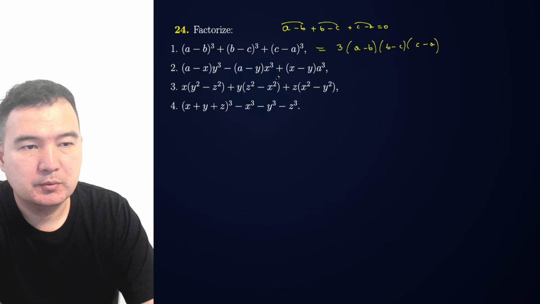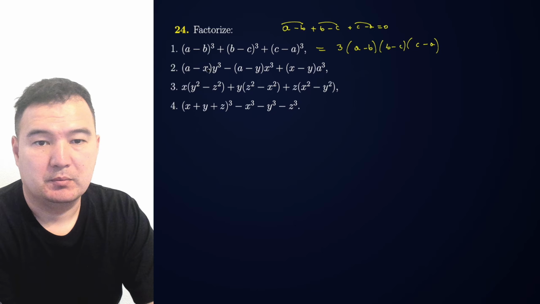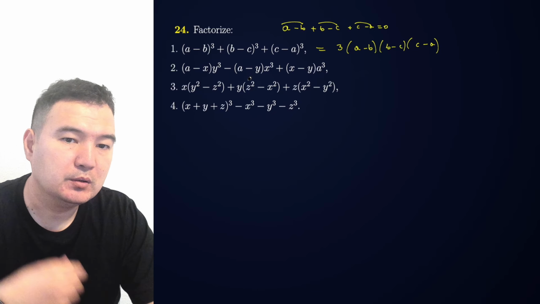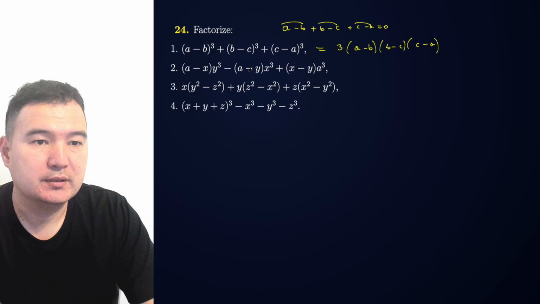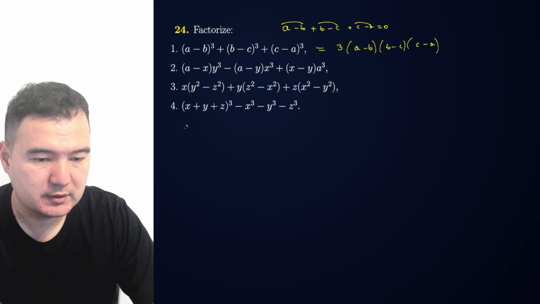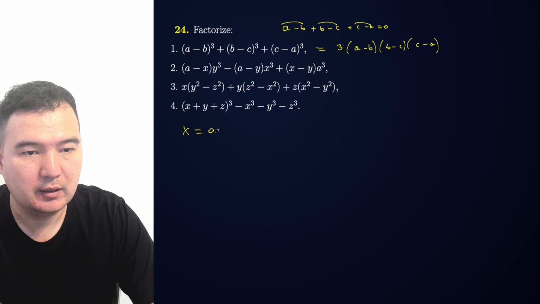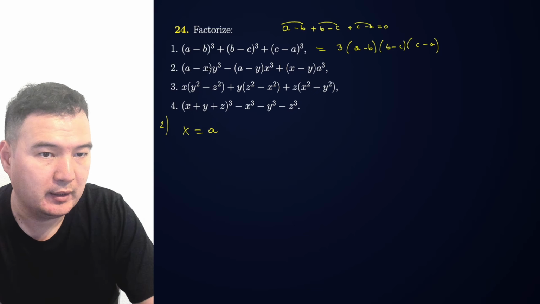Let's try the second problem, the second expression. One of the ways is to find the roots of this expression. For the sake of analysis, if you set x equal to a in the second expression, I replace x with a, so this is going to be a, and this is going to be a, and this is going to be a.